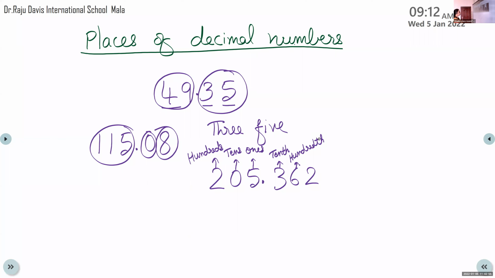No ones, tens and all. We have to start from tenth. Tenth, hundredth. The next will be thousandth. So before the point, it is ones, tens, hundreds and all. After the point, tenth, hundredth, thousandth.